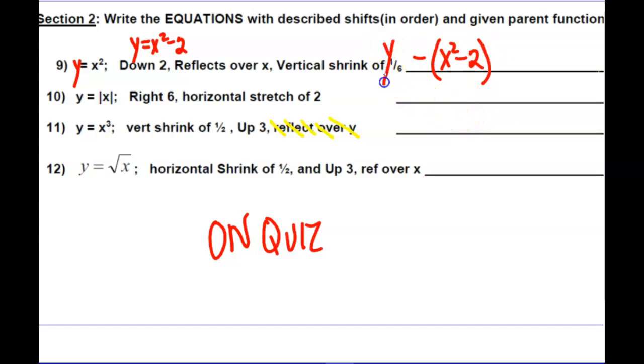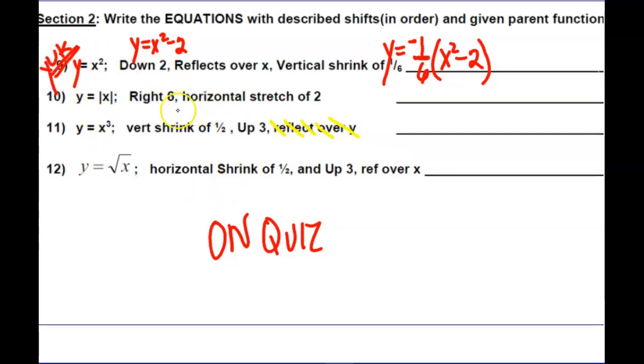I would not ask that one on the quiz. And then vertically shrink by a 1/6 would be a 1/6 multiplied on the whole thing. So you could just put it here and then put the negative. That one's kind of ugly. Ugh, not on a quiz.